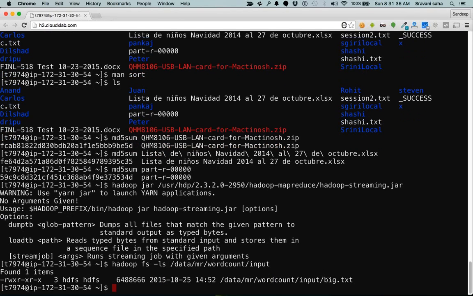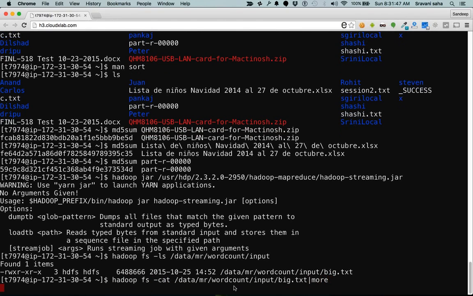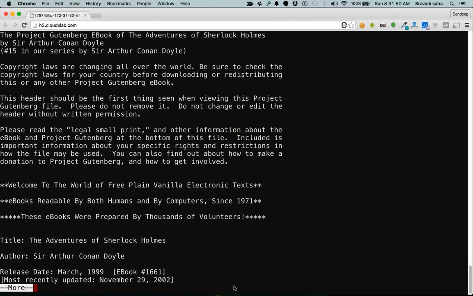You can see that there is a big .txt file in there. If you want to have a look at it, we can say hadoop fs -cat and then pipe to more. More is to see the output page wise.